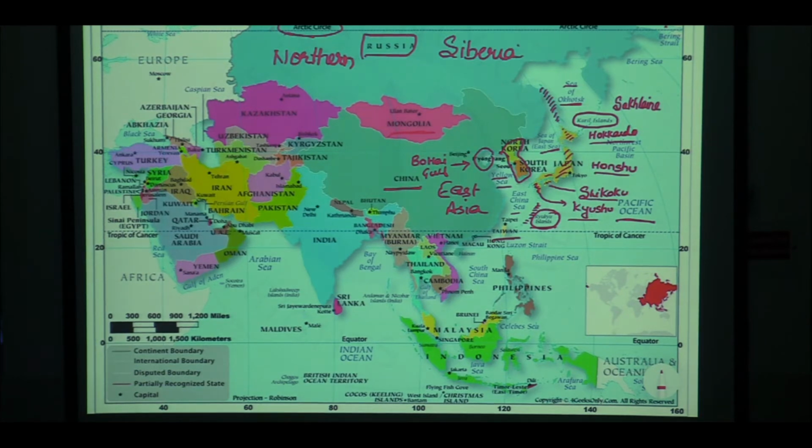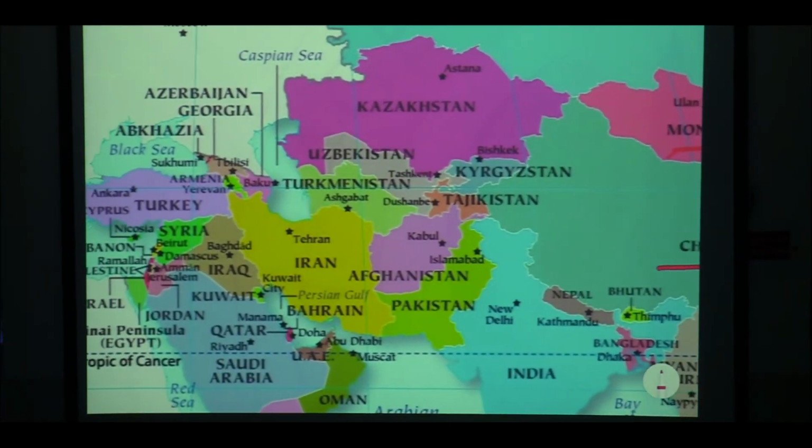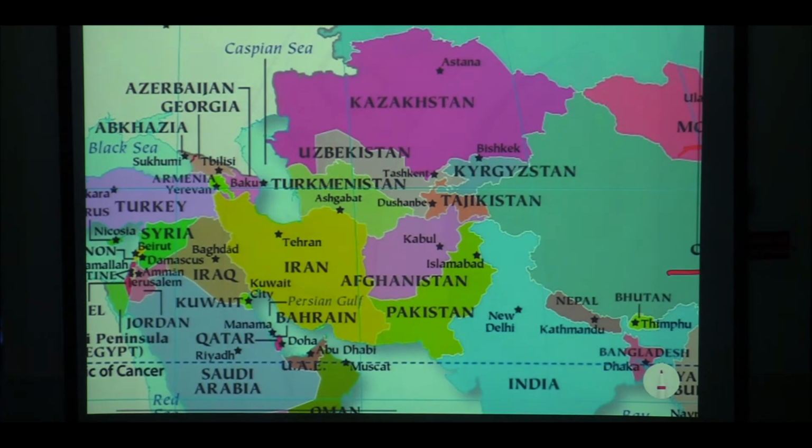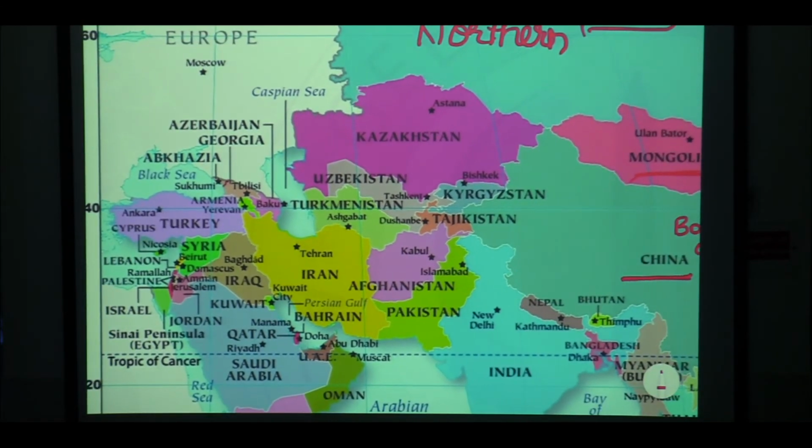Now we are going to the Central Asian countries. So first on this map, the Central Asian countries of this continent are basically related to breakaway countries of the former USSR. So which are the Central Asian countries and how do we justify their location one by one?